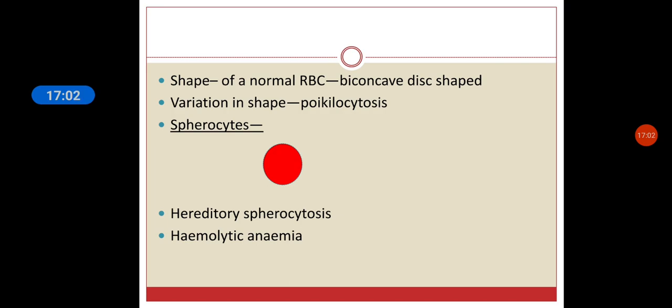Then the shape of the RBC: the normal shape of the RBC is biconcave, right? So variation in shape, as I told you earlier, is poikilocytosis. Spherical RBCs are usually seen in hereditary spherocytosis or in cases of hemolytic anemia. When you're suspecting hemolytic anemia, you have to look for spherocytes.